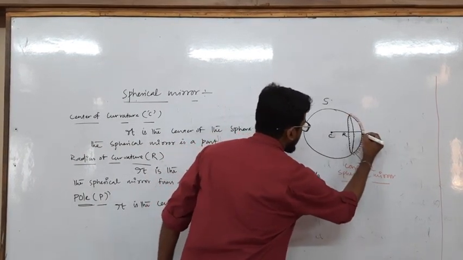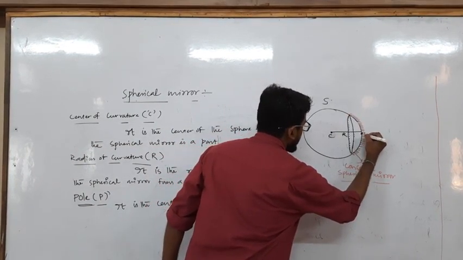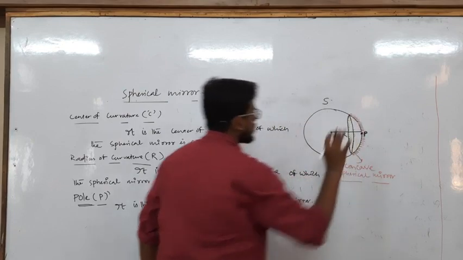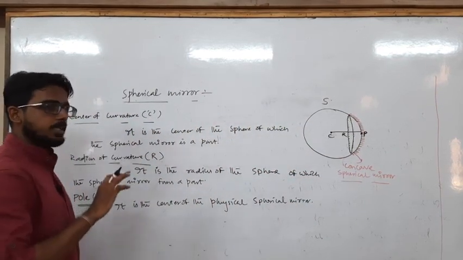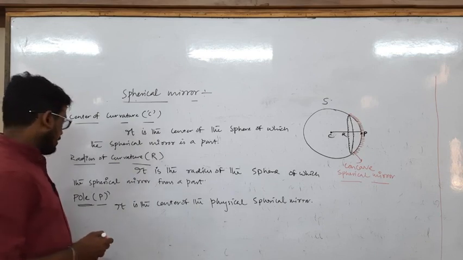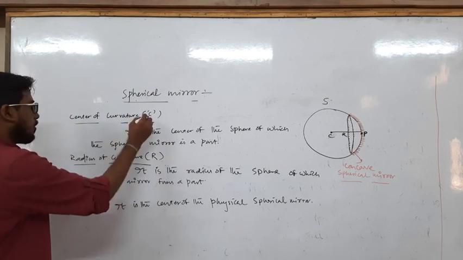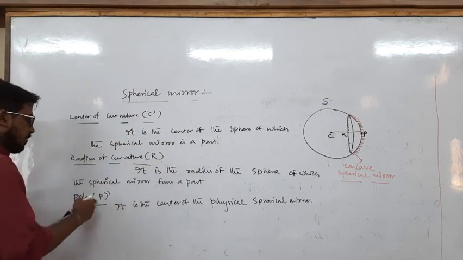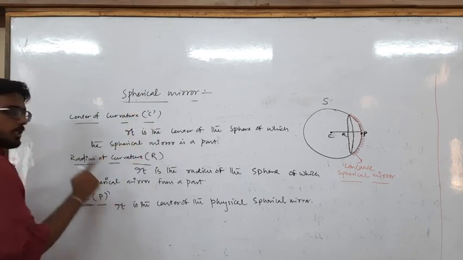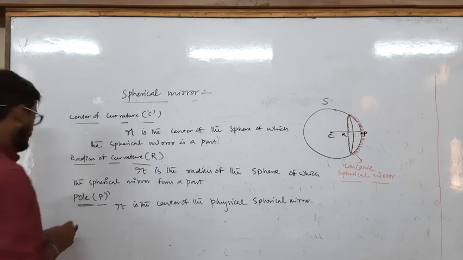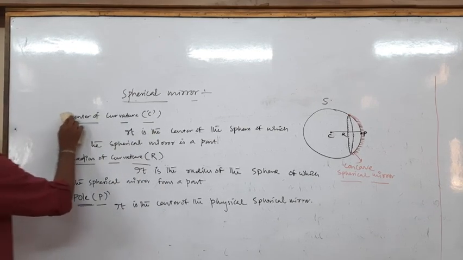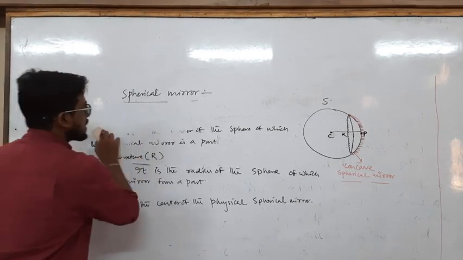So the center of the spherical mirror, this point, is known as the pole. Clear? We already know what the center of curvature, the radius of curvature, and the pole are, and you have to remember the notation because these are required throughout geometrical optics. Next we will discuss what the principal axis is.